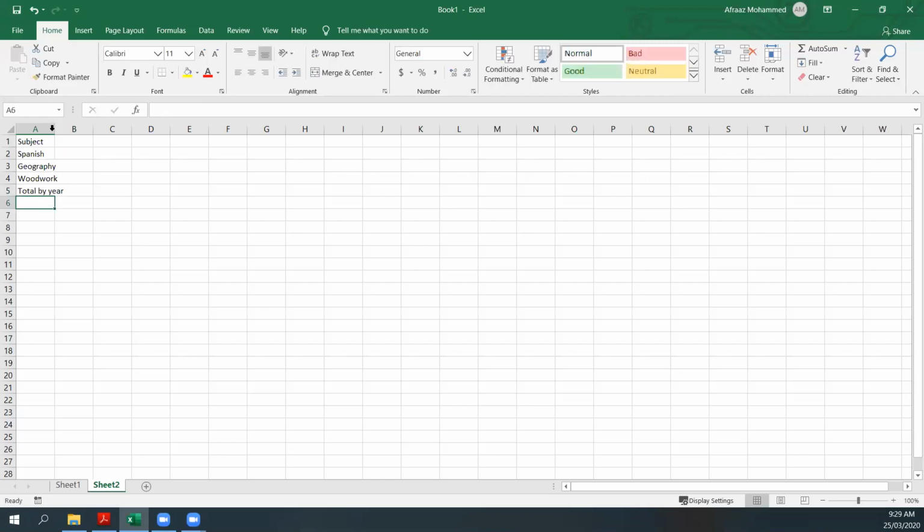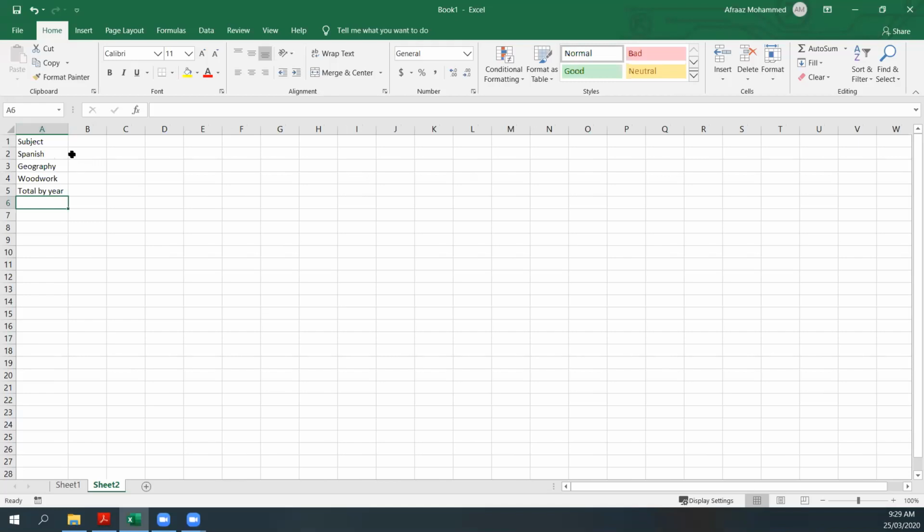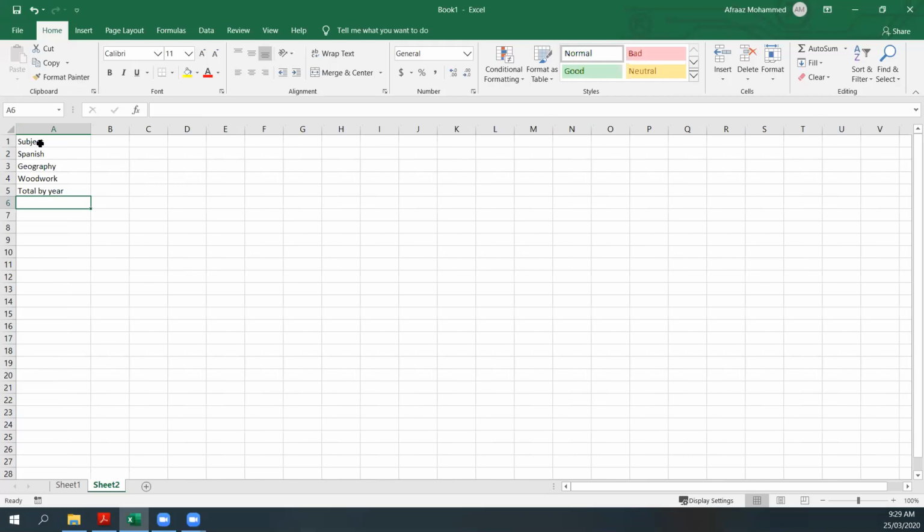So by default, this alignment is left aligned, right? If we put this into center alignment, you would see text aligned to the center of each cell. Okay, and then there's right alignment. So center alignment was the answer for the first one.